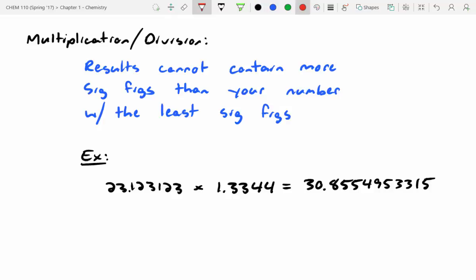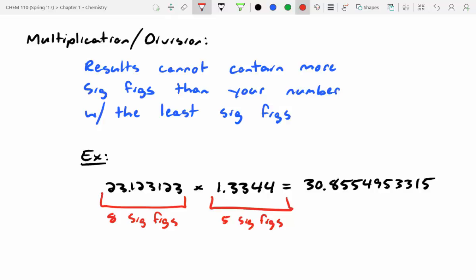So what I do is I look at this number and I would try to say how many sig figs there are. How many are there? Yeah, 8. They're all non-zero. Where with this one, we only have 5, which means our number with the fewest sig figs is 1.3344.